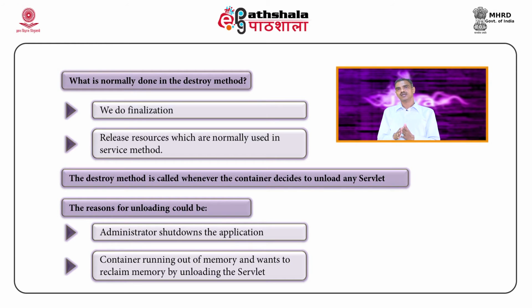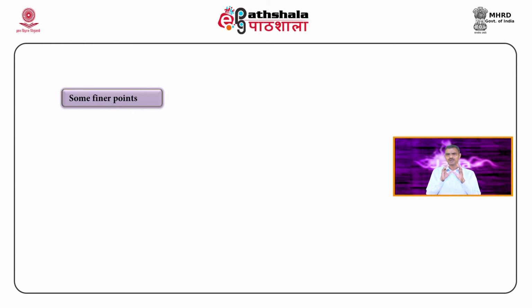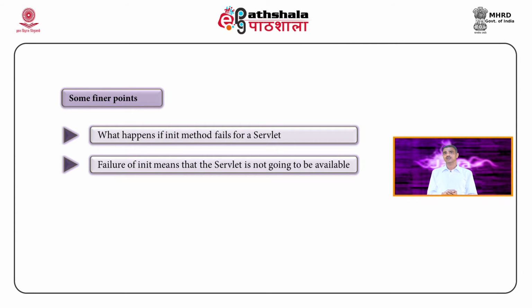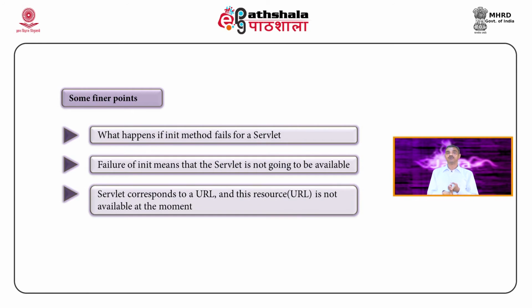Okay. A few other finer points related to the init method again. What happens if the init method fails, and what are the failures? Init method failing means this particular URL, because remember a servlet corresponds to a URL, should not be working.